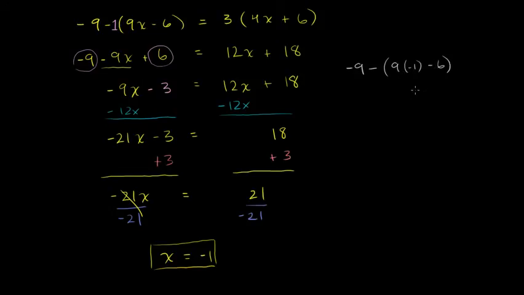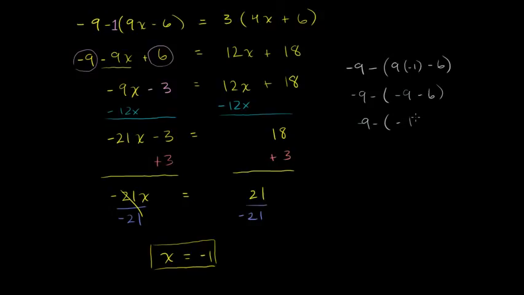Actually, let me just solve for the left-hand side when I substitute a negative 1 there. So the left-hand side becomes negative 9 minus, in parentheses, 9 times negative 1 is negative 9, minus 6.